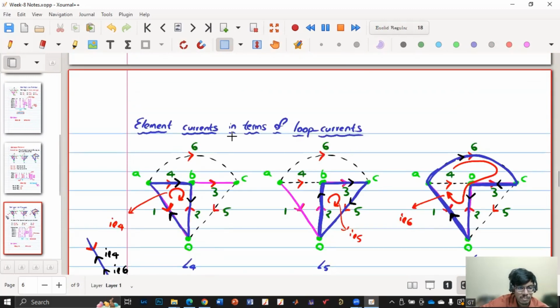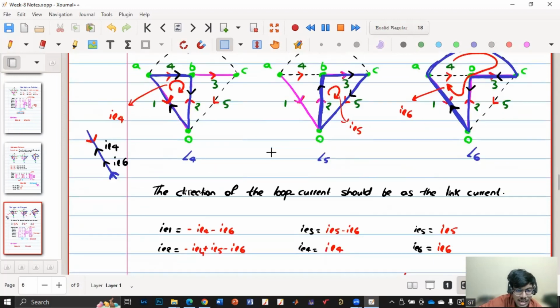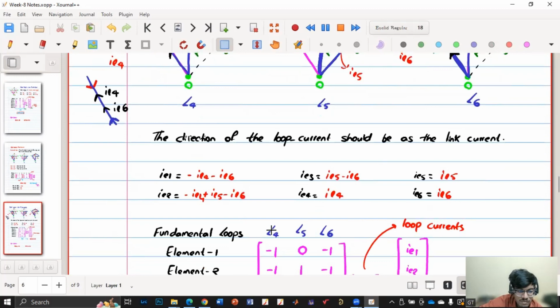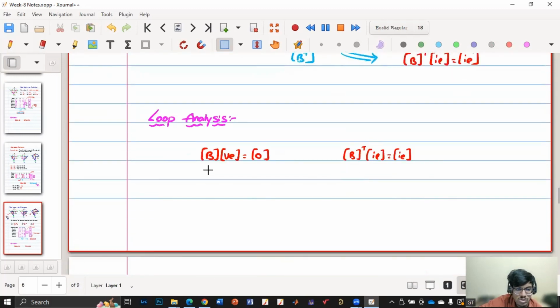Then we have written element currents in terms of loop currents. So the loop current should be in the same direction as the link current. Considering that convention, we got element currents in terms of loop currents, and we got this matrix. So first one is B matrix into element voltages is 0. The other one is B transpose matrix into loop current is equal to element current.